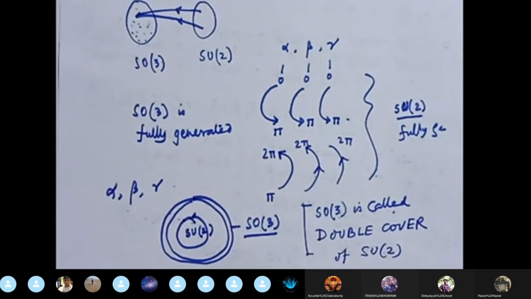because once you fully generate SU2, the corresponding mapping, the corresponding homomorphism to SO3, all the elements of this SO3 have been generated twice. Okay, so this is another way of saying this. May I proceed?